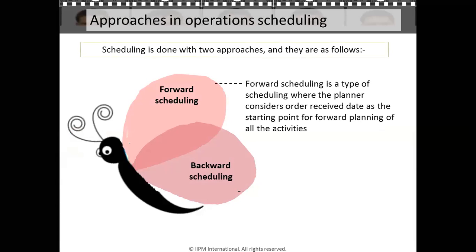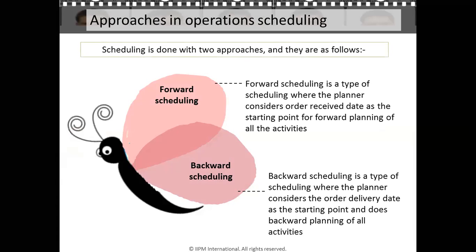Now, what are the approaches in operational scheduling? We have two basic approaches: forward scheduling and backward scheduling. Forward scheduling is a type of scheduling where the planner considers the order received date as the starting point of forward planning of all the activities.